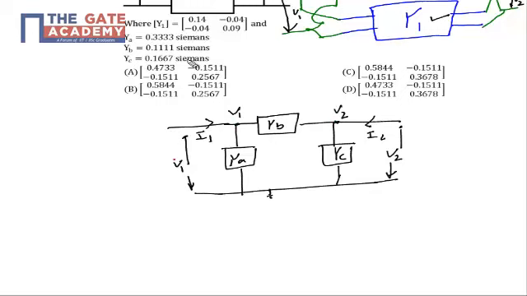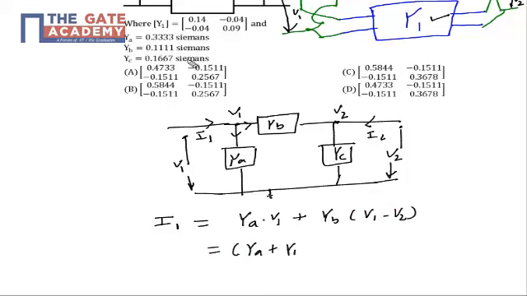Applying KCL at V1, the incoming current is I1, which will be equal to YA times V1 plus YB times (V1 minus V2). I can rearrange this equation as (YA plus YB) times V1 minus YB times V2. This will be my first equation.